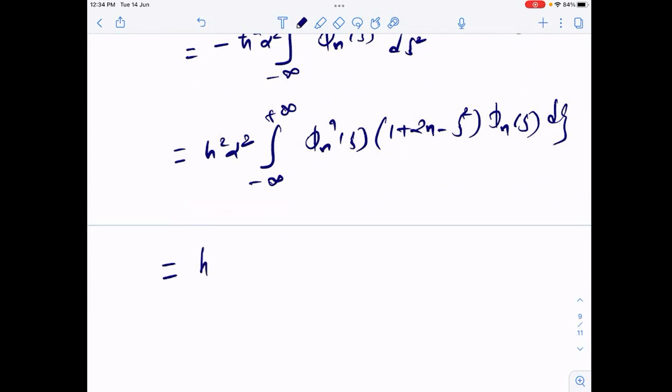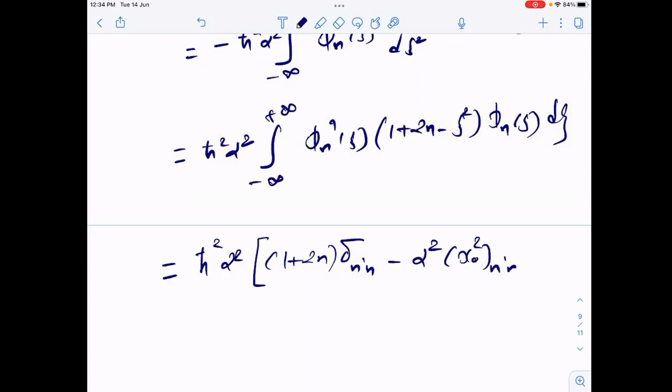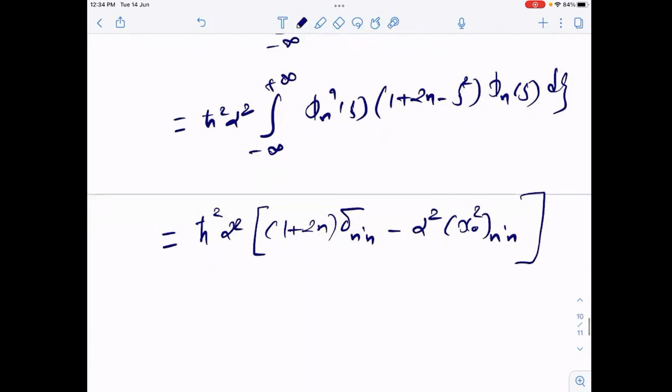It's going to give us h cut square alpha square into 1 plus 2n delta n dash n minus alpha square x0 square n dash n. Right.